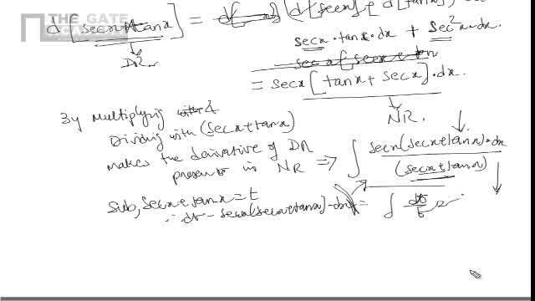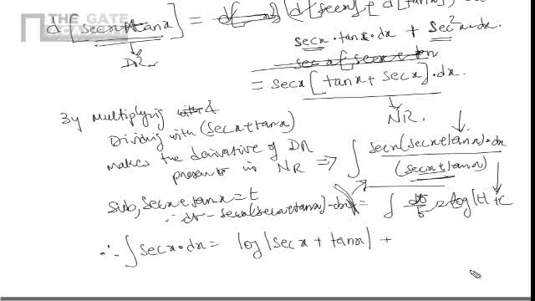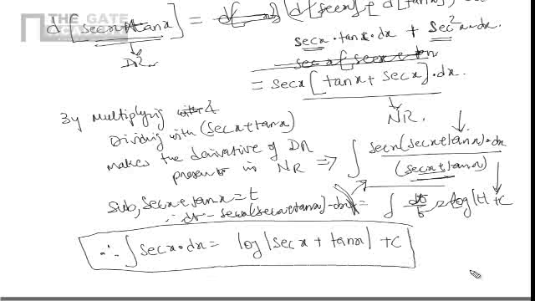This is nothing but log of mod t plus c. Therefore the integral of secant x dx is nothing but log of mod secant x plus tan x plus c. This is very important.